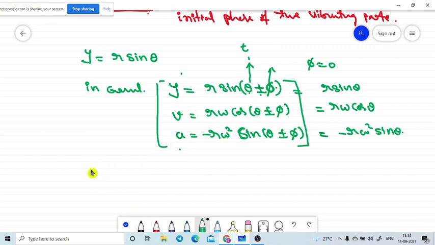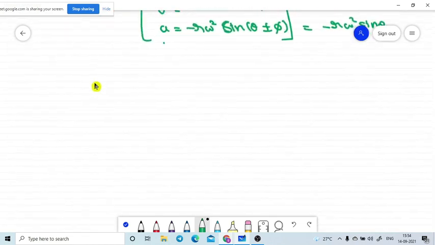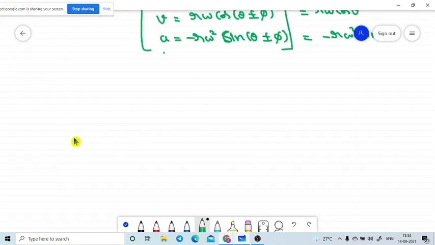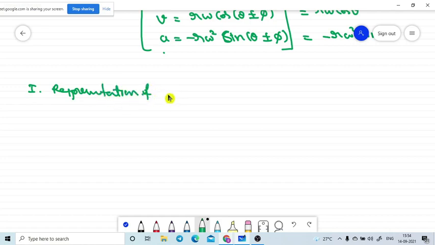Now our goal is to represent the velocity, displacement and acceleration in graphical manner. So the next concept is the representation of displacement, velocity and acceleration in graphs.